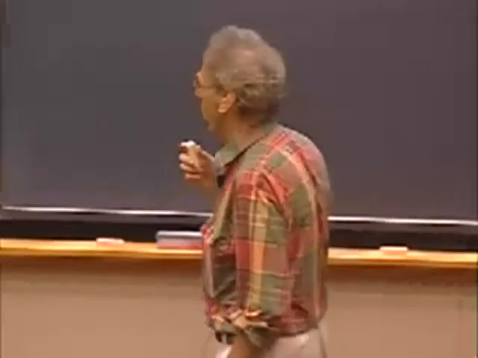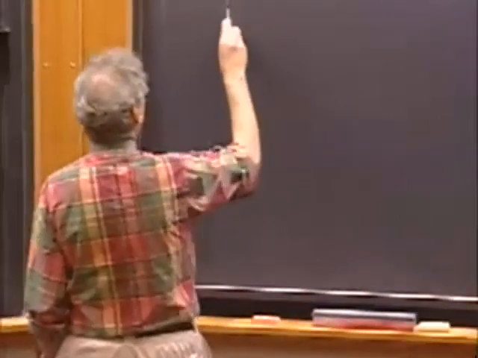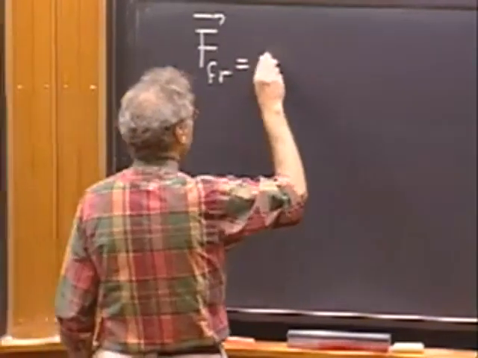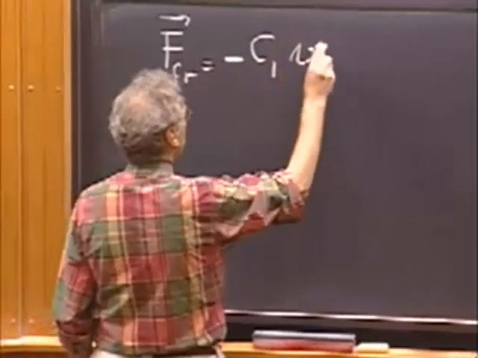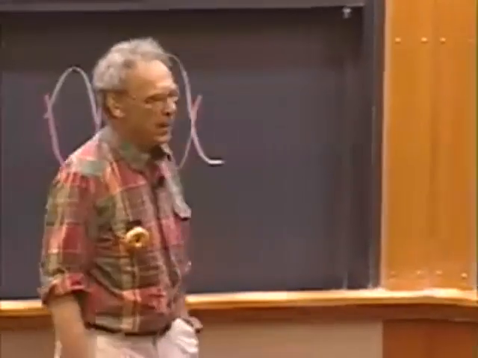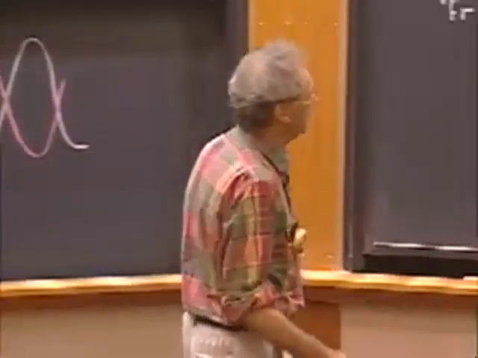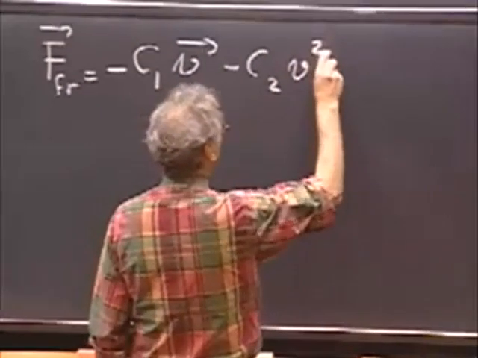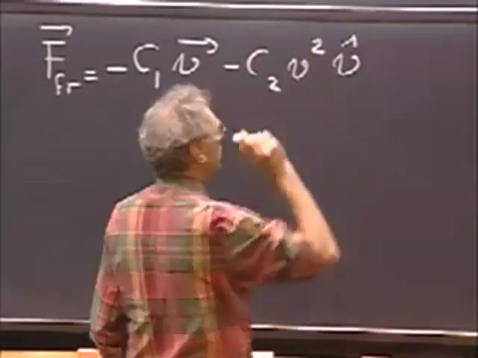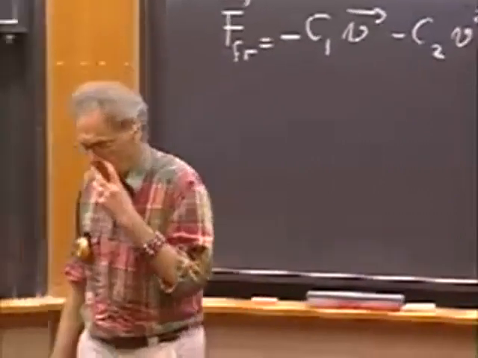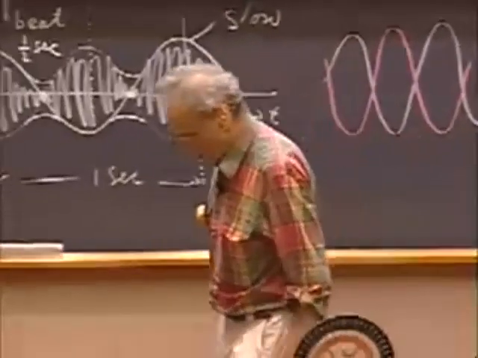And the frictional force, in its most general form, as a vector, is minus C1 times V, whereby C1 is a positive number. So you see that it opposes the velocity, minus C2 times V squared, and I put here the unit vector V to remind you that it's opposing the velocity.